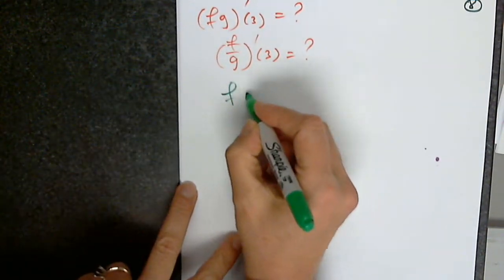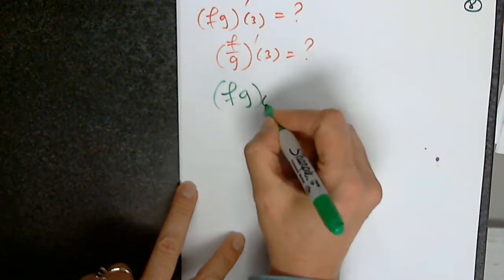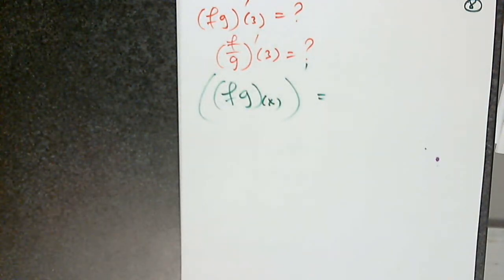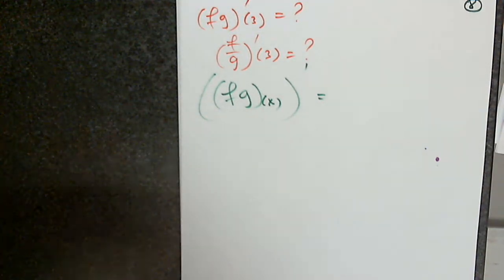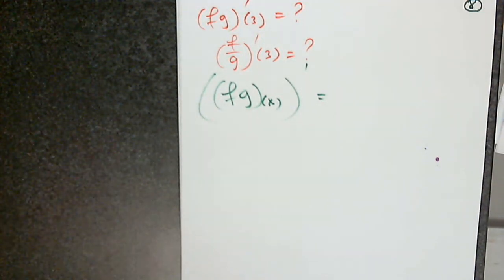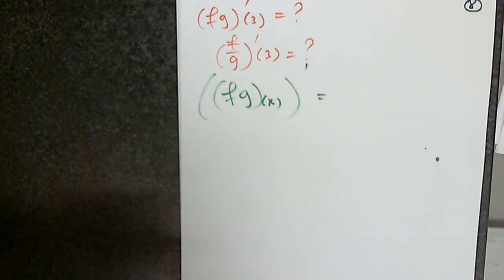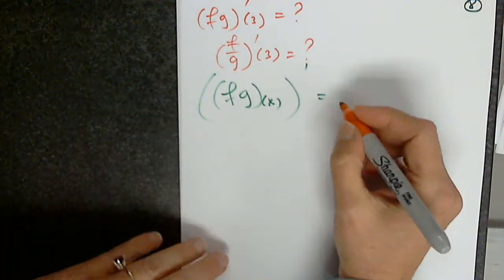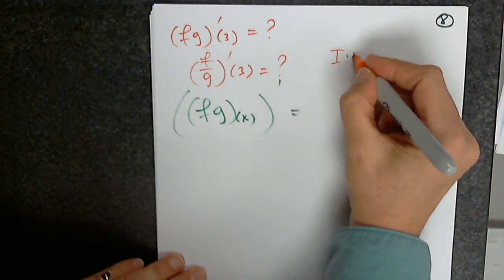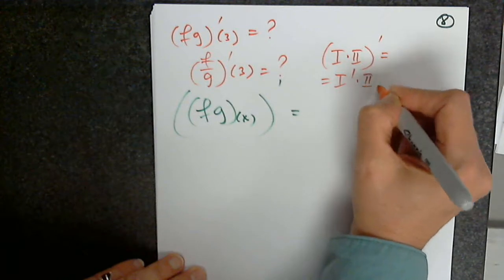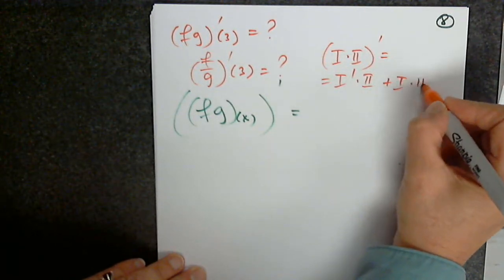So fg of x prime. How do I differentiate a product of two functions? Okay, let me tell you again. 1 prime times 2 plus 1 times 2 prime.